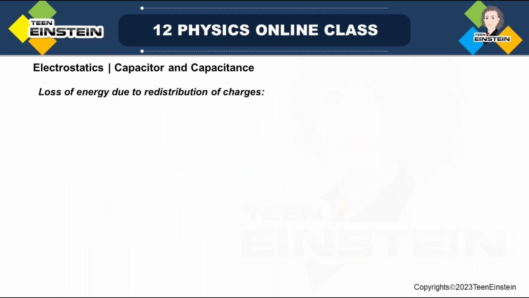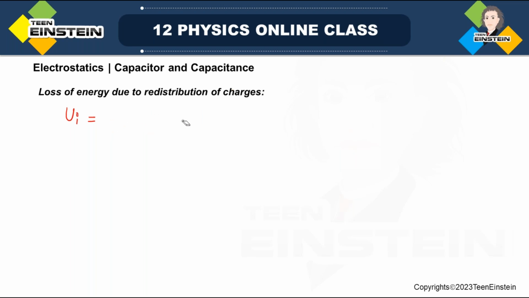So initially, what is the potential energy? Suppose Ui. Ui will be how much? Half Q1 square by C, or I'll write Q square by 2C, right?